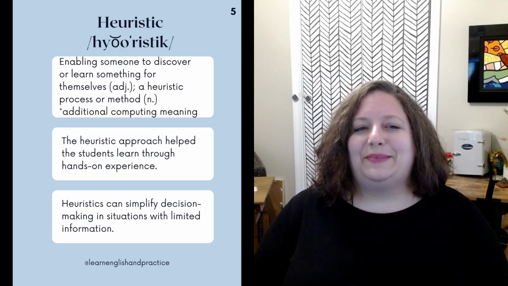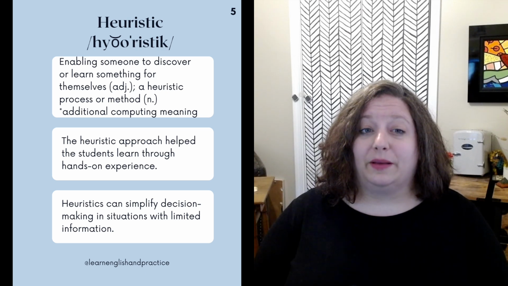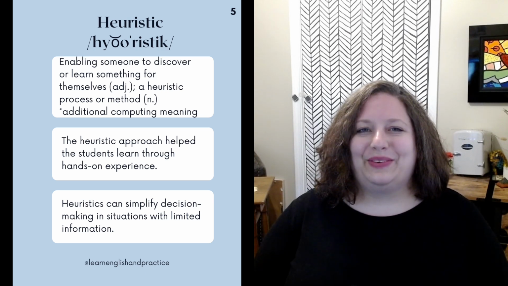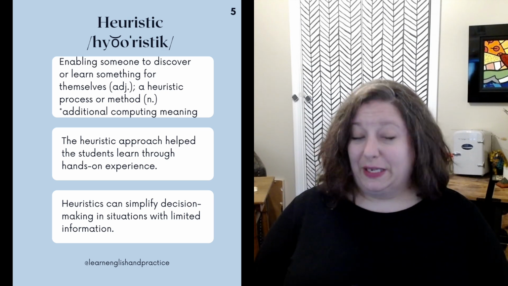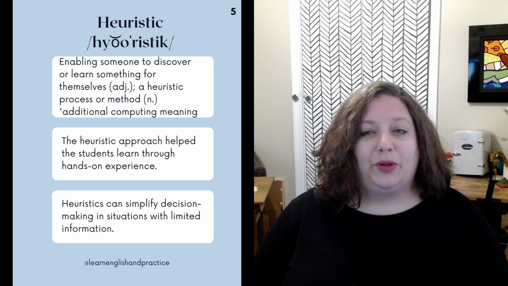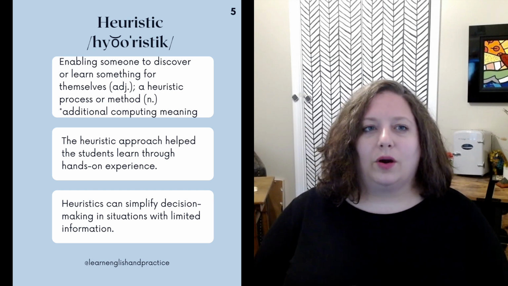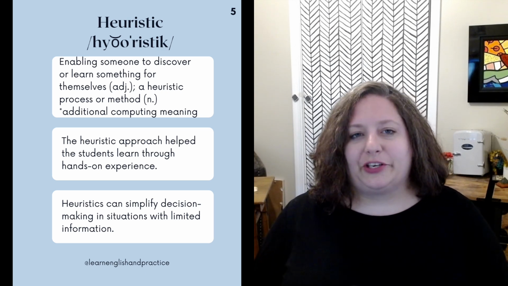Heuristic. This means enabling someone to discover or learn something for themselves, as an adjective; a heuristic process or method, as a noun, and there are additional computing meanings. So a heuristic is a mental shortcut. It's something that's used to help you remember something or something you can use to generalize about a situation.